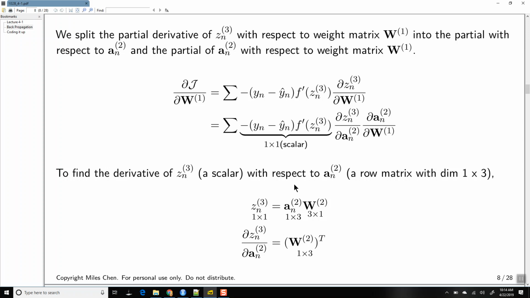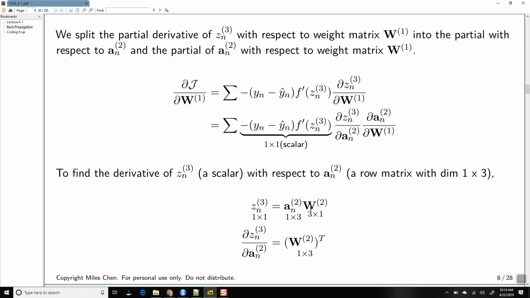And so in order to get the partial of this scalar Zn with respect to A sub n, we take a look at how we got this, and we can see that if we take the partial derivative of this with respect to An, it's going to be W2.